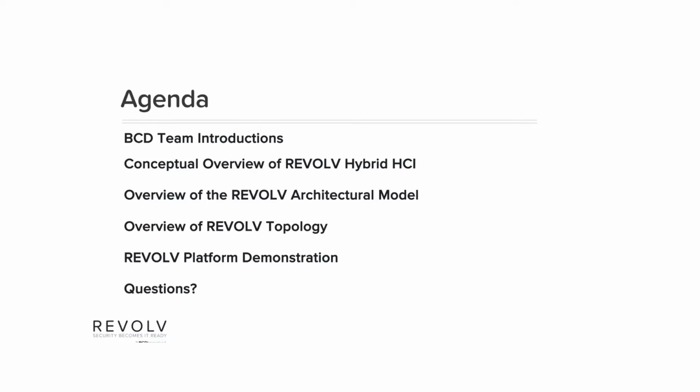And we're going to move over and do a technical deep dive into the architecture that comprises REVOLV itself. What are the components of the pure HCI portion? Because there are a couple of different aspects of this. There's a portion in the hybrid that runs in a pure HCI environment.